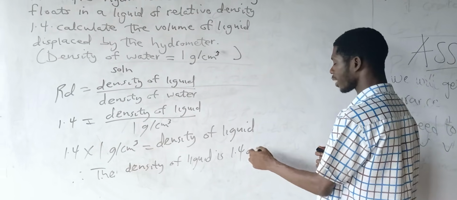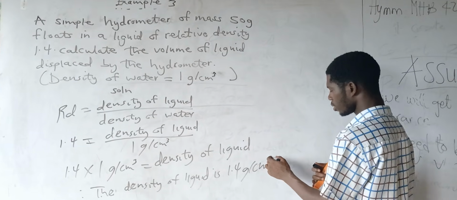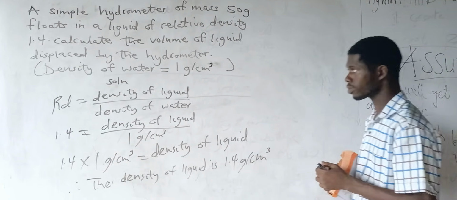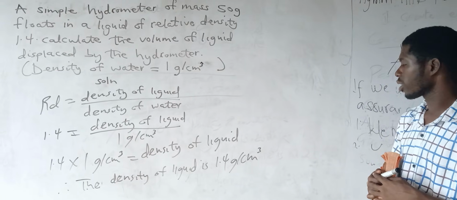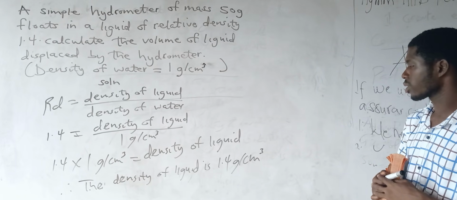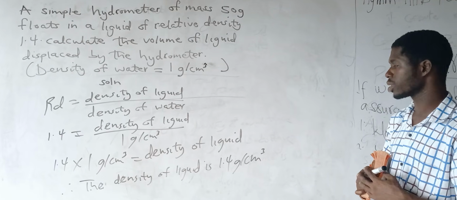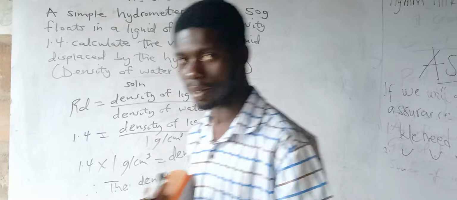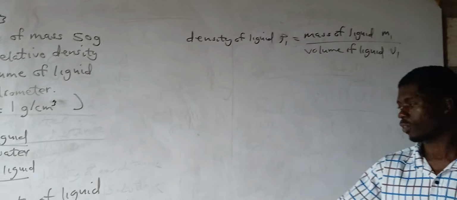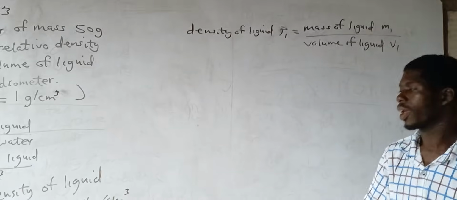So 1.4 gram per centimeter cube. So the density of liquid is 1.4 gram per centimeter cube.